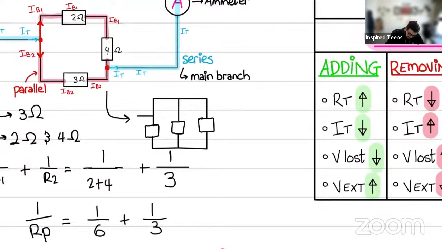And this was, let's just say, the 3 ohm resistor, this was the 2 ohm resistor, and this was the 4 ohm resistor. In this case, they are all connected in parallel. So therefore, this could simply be 1 over 3 plus 1 over 2 plus 1 over 4 equals 1 over RP, because they are all in parallel with one another.